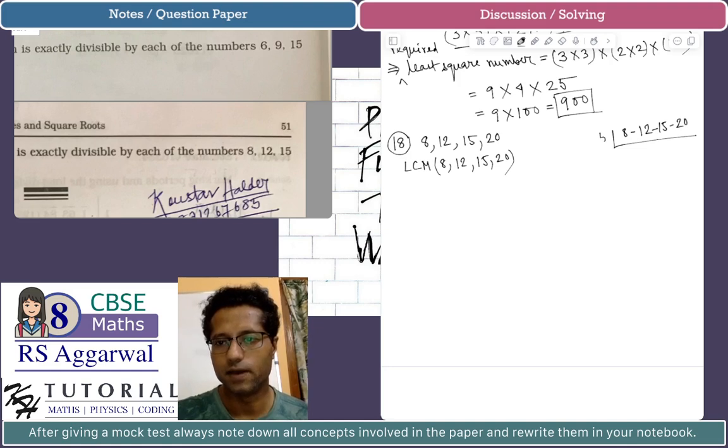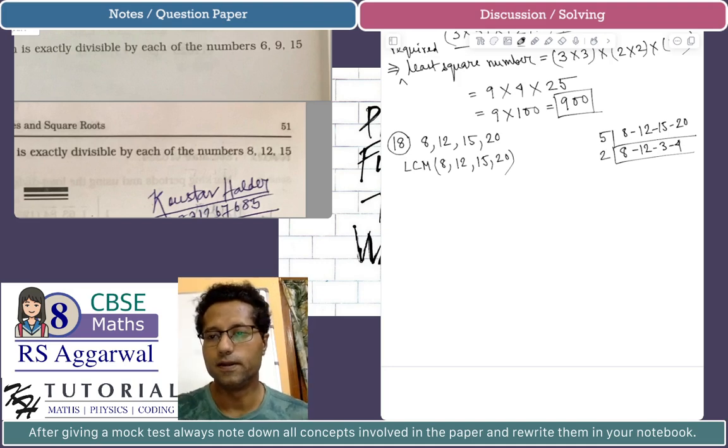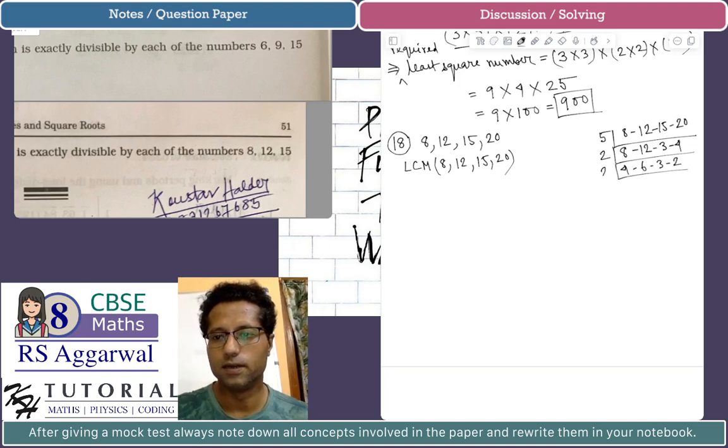Let's divide by 5 and I get 8, 12, 3 and 4. Let's divide by 2. We get 4, 6, 3, 2. Let's divide again by 2. We get 2, 3, 3, 1.